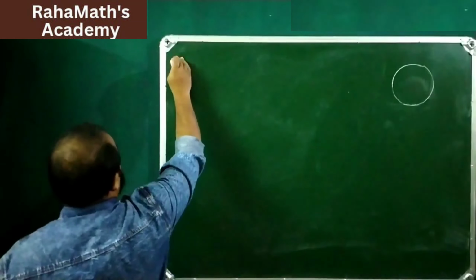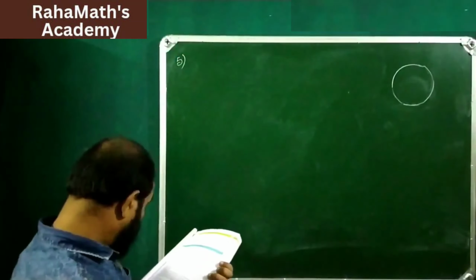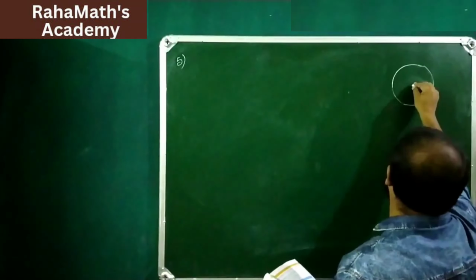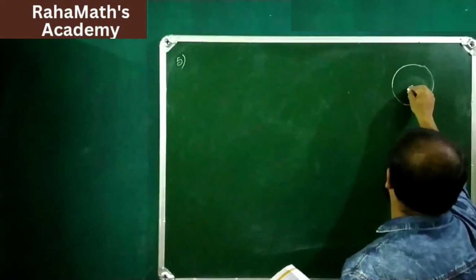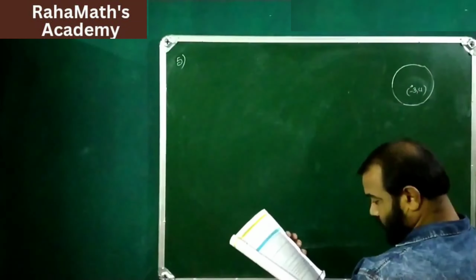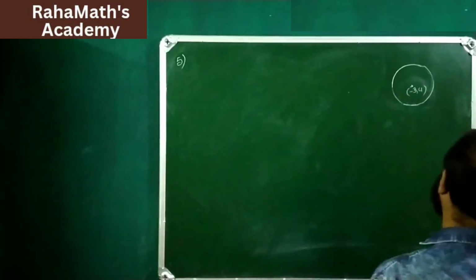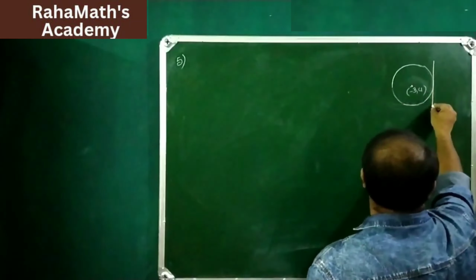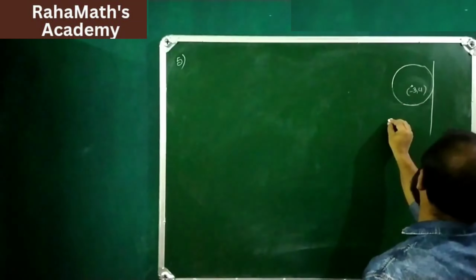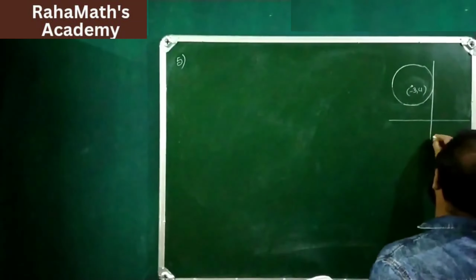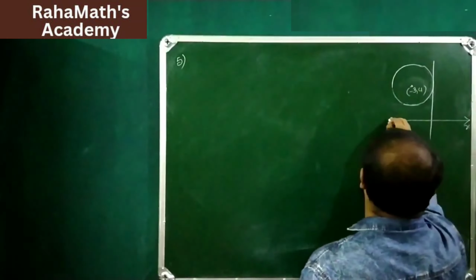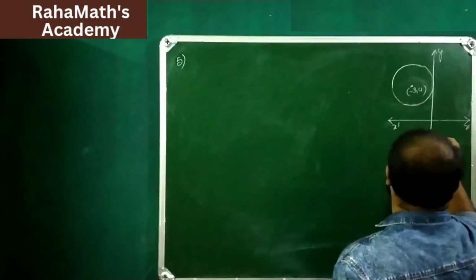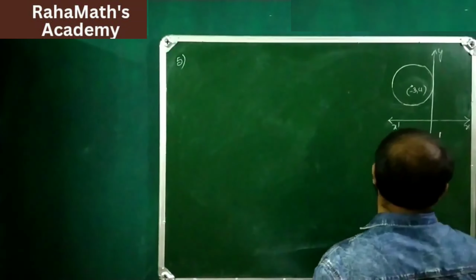Now, question number 5. Find the equation of the circle with center minus 3 comma 4, touching the y-axis. So already these are the coordinate axes: x-axis, negative x-axis, y-axis and negative y-axis.